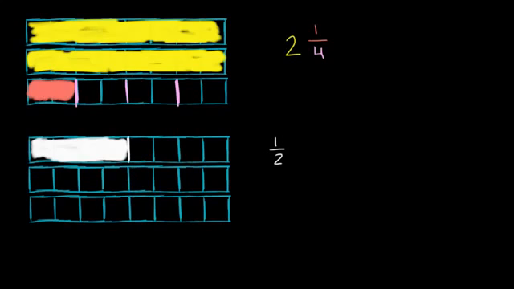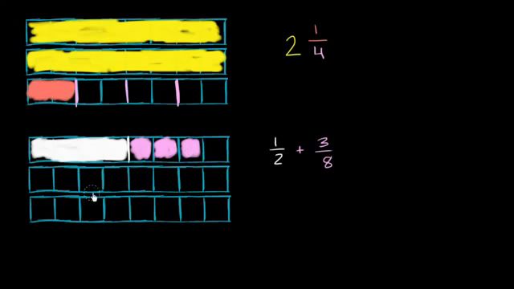Now let's throw in, I don't know, let's throw in 3/8. So what would 3/8 look like? Well, each of these boxes is literally an eighth. I could fill it in however I want, but let me just put this is 1, 2, and 3.